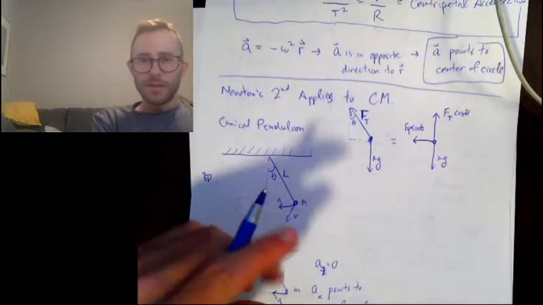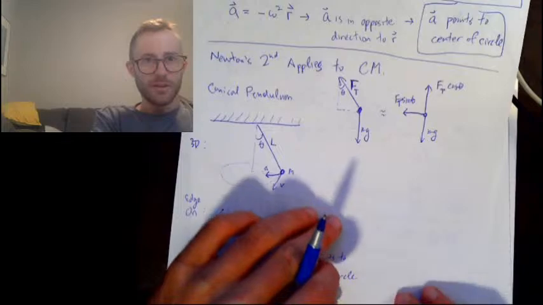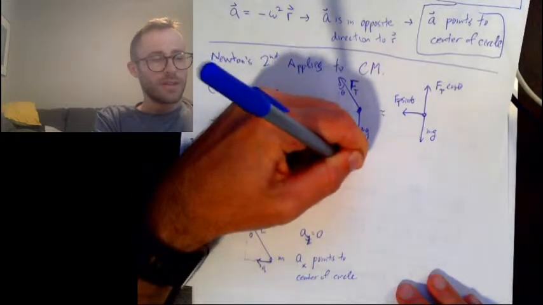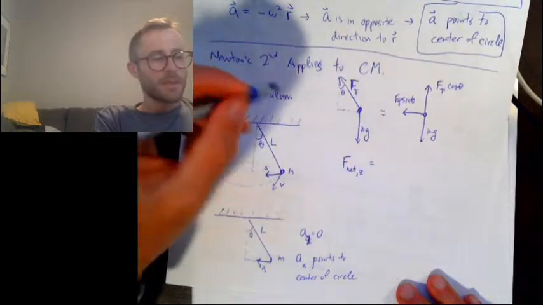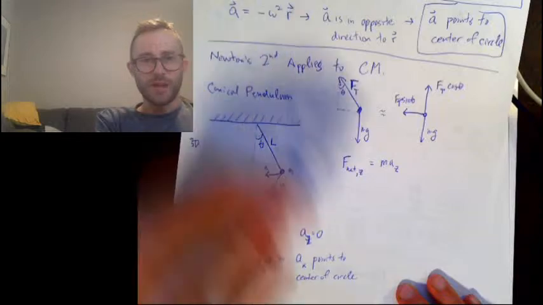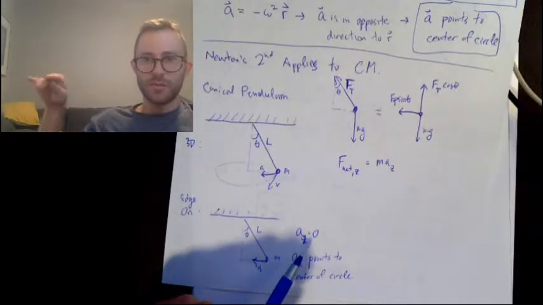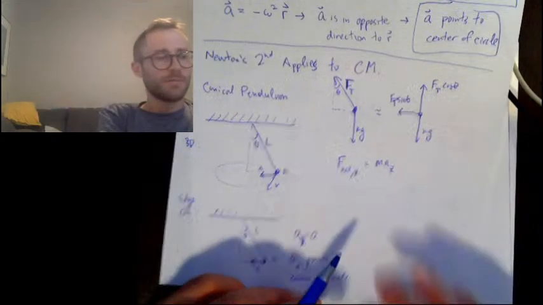So let's do Newton's second law in the vertical direction. The net force in the z direction is equal to m times the acceleration in the z direction. But as we said, the acceleration in the z direction is 0 because this mass is only moving in the horizontal plane. It's not moving up or down.